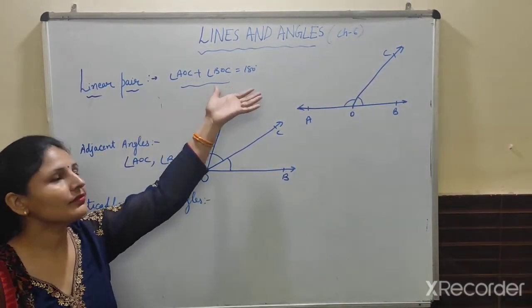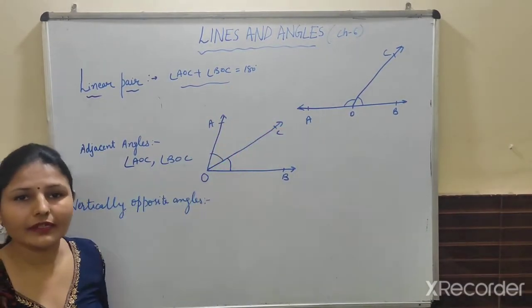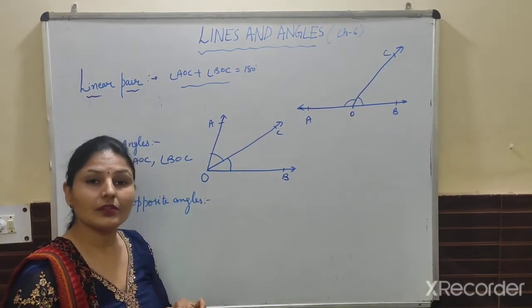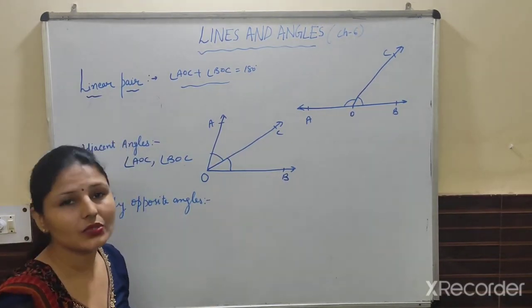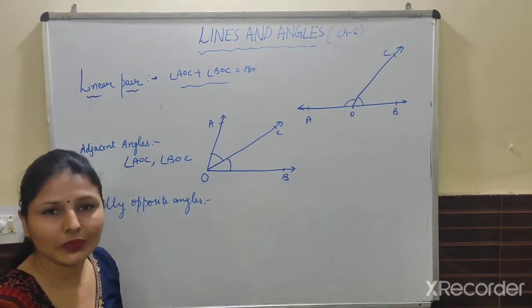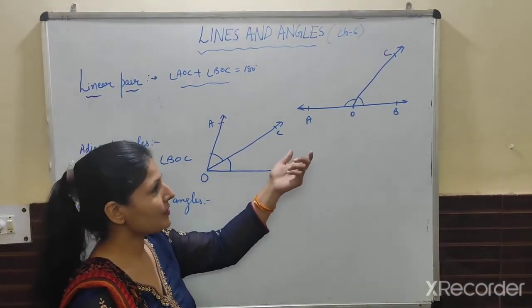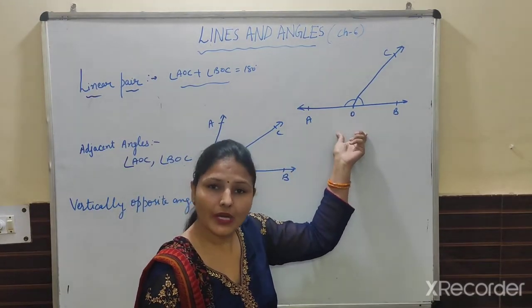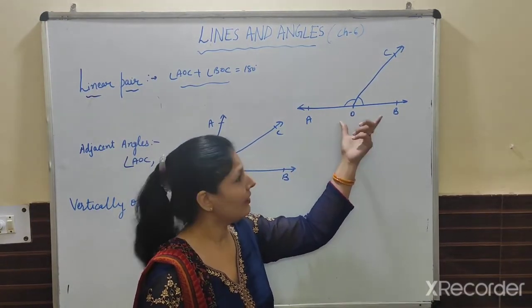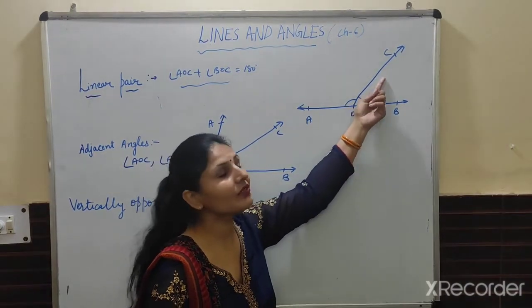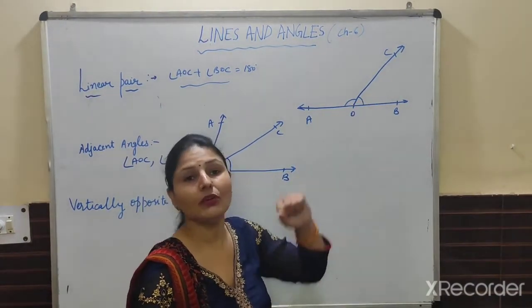Here also the sum of two angles is 180 degrees, and in supplementary angles also the sum of two angles is 180 degrees. Then what is the difference between them? Here you can observe we have two adjacent angles. They are lying on the same line. They have a common arm and common vertex.